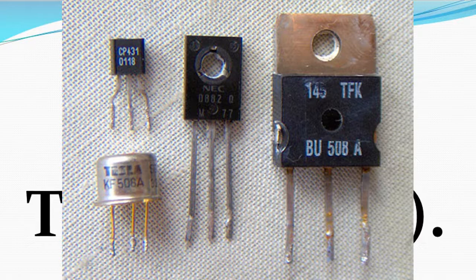That is to tell you that, instead of the terms used in a BJT, where we use emitter, collector, and base, here it is substituted with source, drain, and gate.